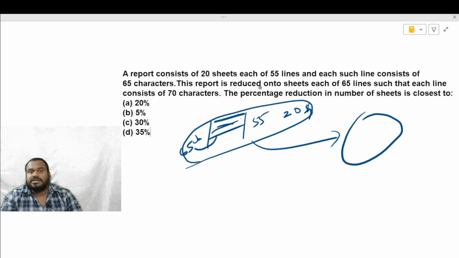So here it is reduced to sheets of 65 lines each, and each line consists of 70 characters.